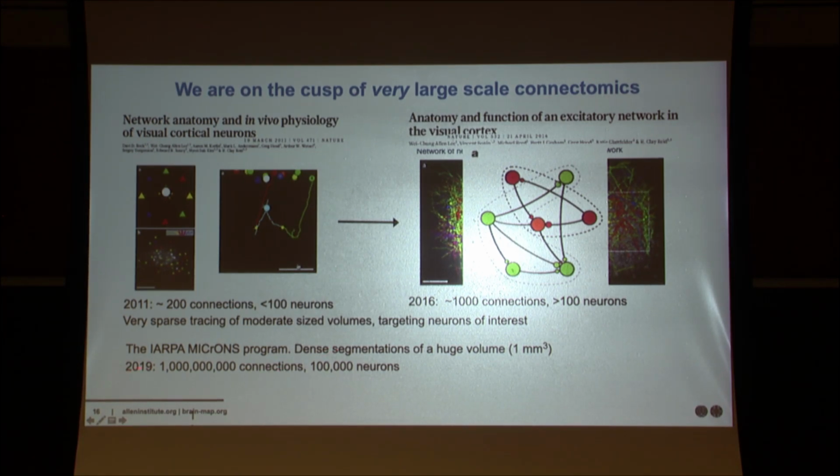And in 2019, we have, as you'll see, this data set with a cubic millimeter with 1 billion connections and 100,000 neurons. While we're a good way away from the connectome, Sebastian Seung's group next door at Princeton is able, to first approximation, to identify these 100,000 neurons, and identify on the order of 1 billion synapses. Wiring it all up, that's work for the next couple of years.